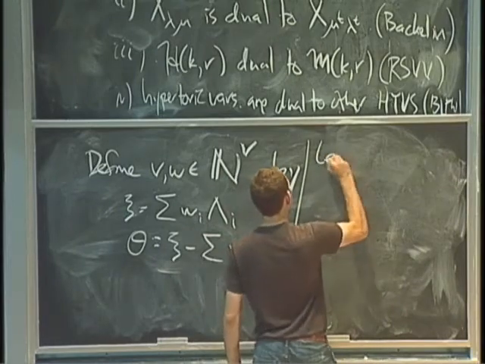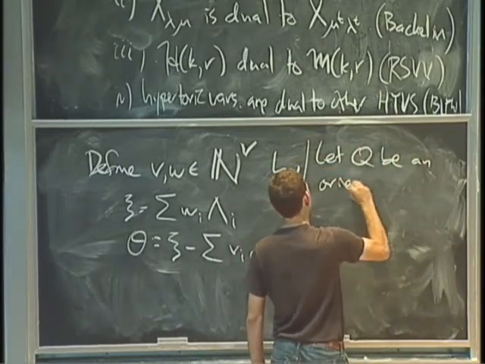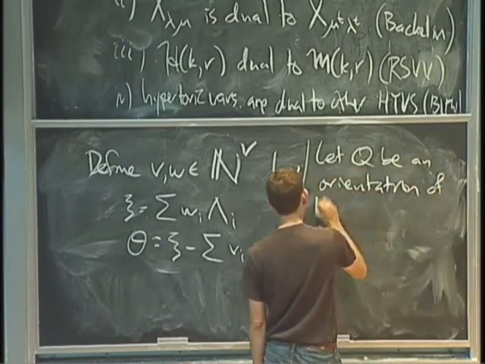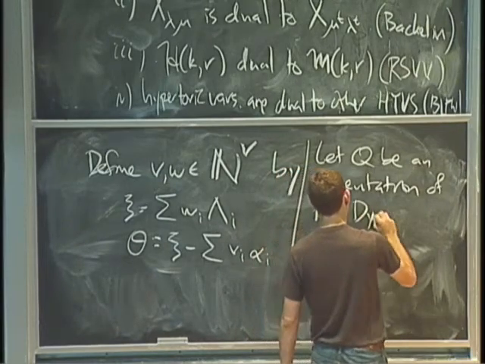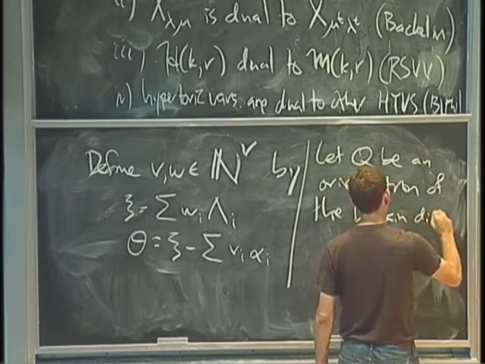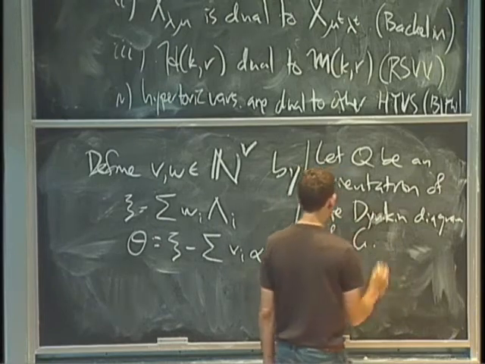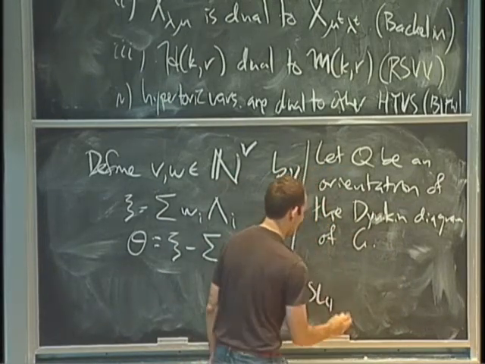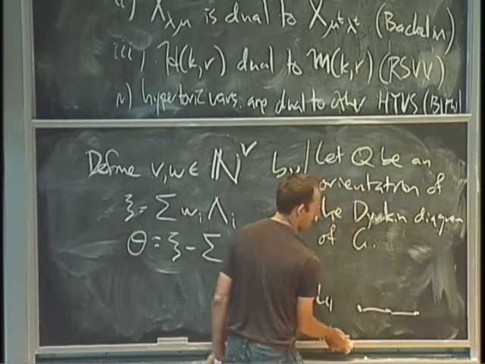So let Q be an orientation of the Dynkin quiver for G, so the Dynkin diagram of G. For example, maybe I take G equals SL4. So my Dynkin diagram has 3 nodes. This is my Dynkin diagram.